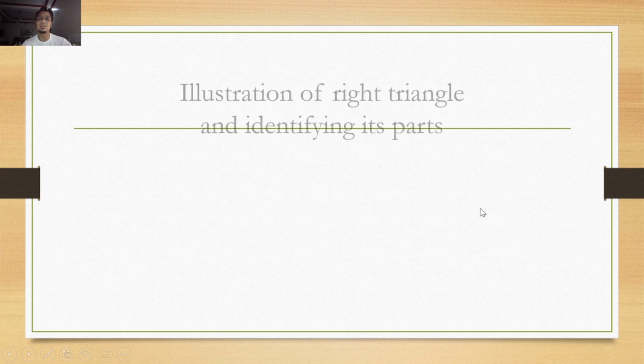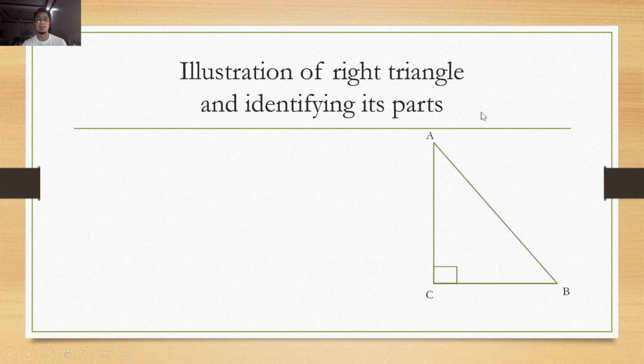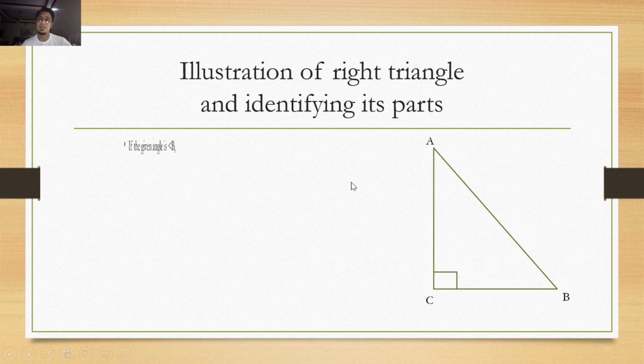Okay? Tingnan natin. We have here now the illustration of right triangles and ma-identify natin yung things to remember na diniscuss po natin kanina dito po. Now, this will be our given. Ano yung una? If the given angle is angle B, asan yun? Ayun.